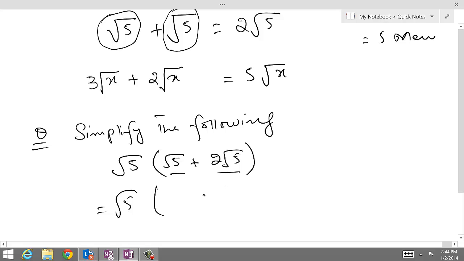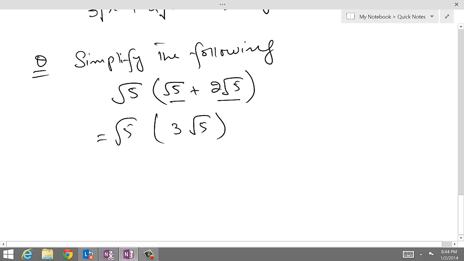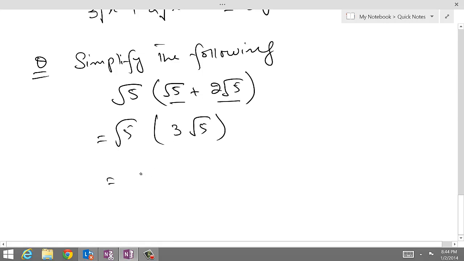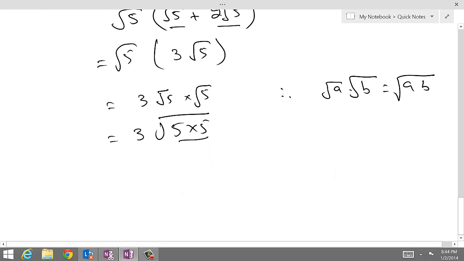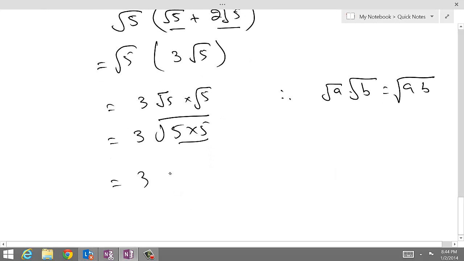Similarly, it would be 3 times under root 5. And now if we multiply, we get 3 into under root 5 times under root 5, and since we know that under root a into under root b is equal to under root ab, let's bring both 5's under one square root, that is 5 times 5, and if there is a pair inside the square root, this would be 5 and the answer would be 15.